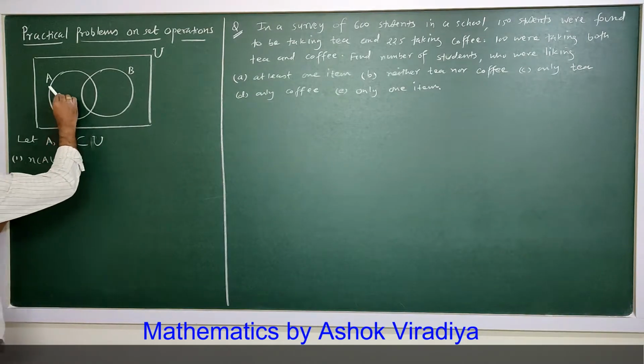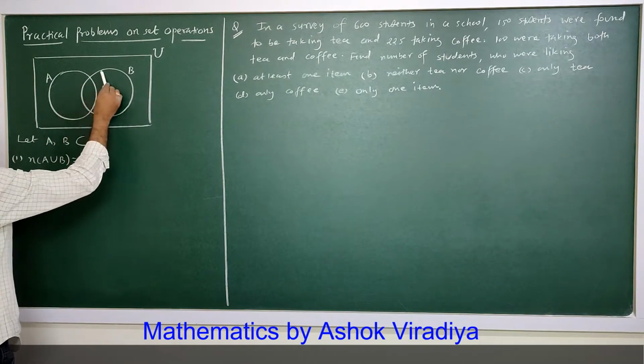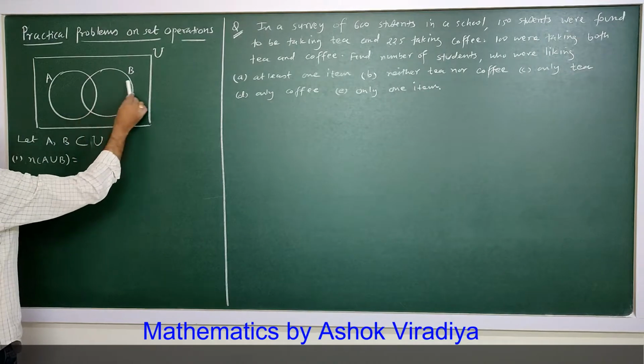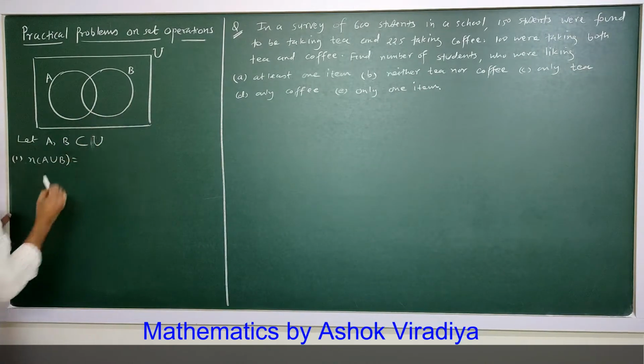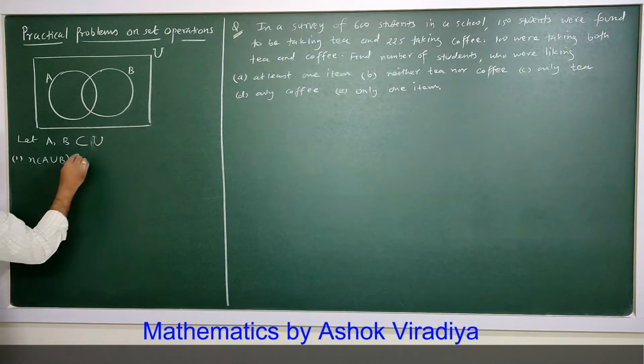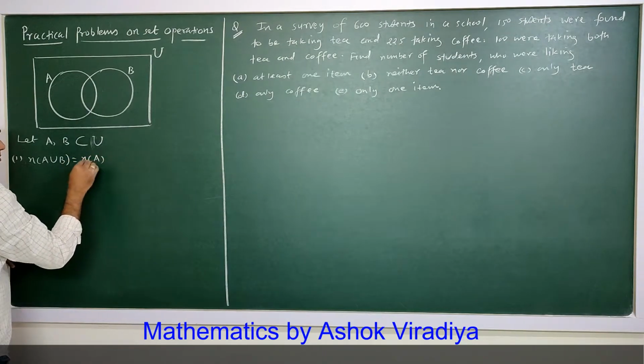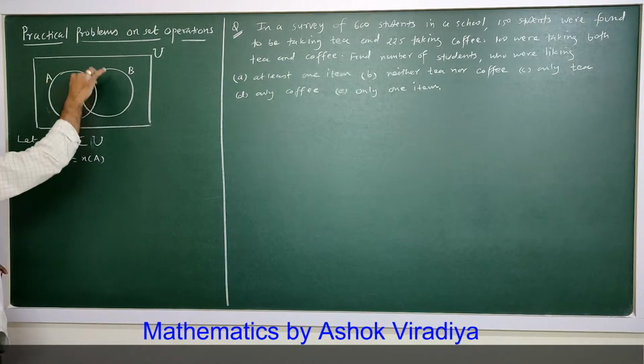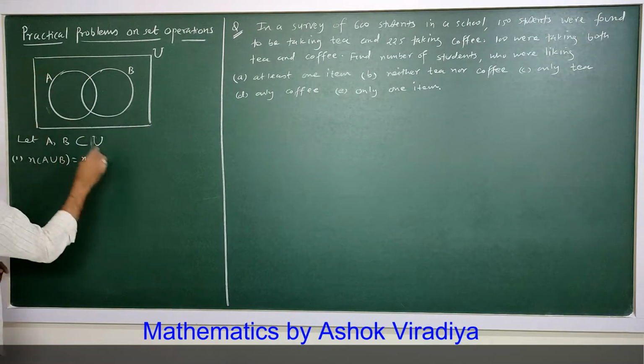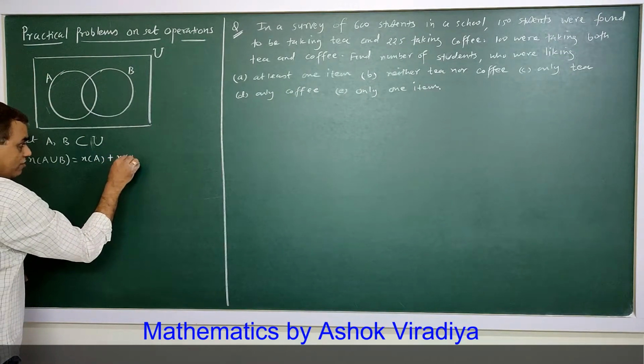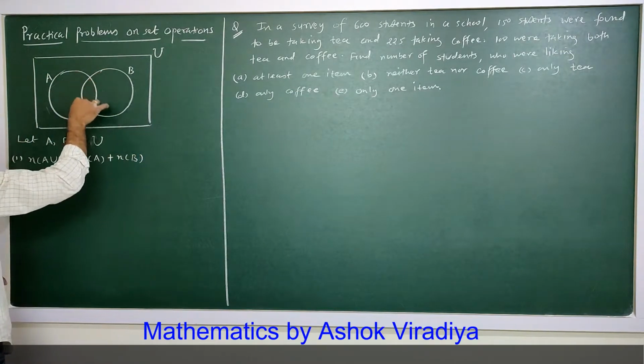Number of elements in A union B, that means all the elements of A as well as B including common. So it is equal to number of elements in A, means elements which are in this circle, plus number of elements in B, that is in this circle.